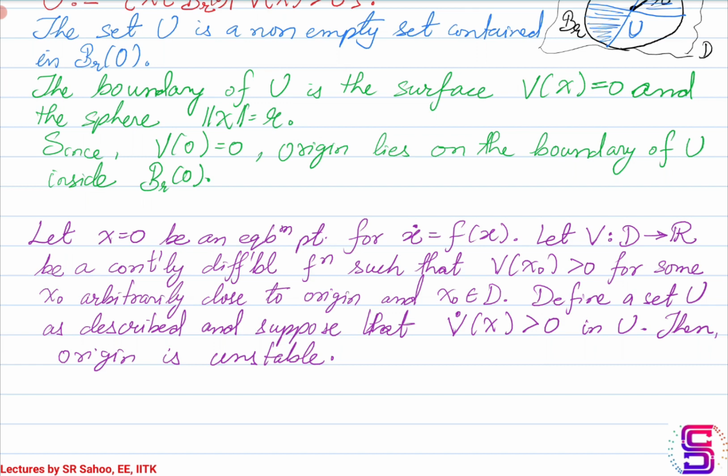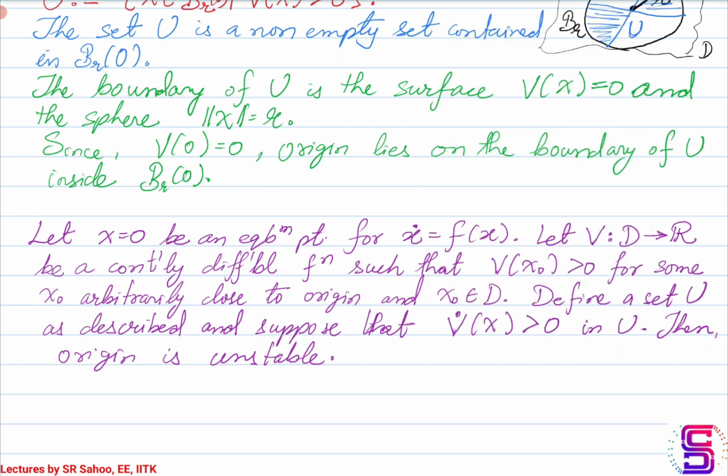This growing V indicates that the evolution of x is such that it is moving away from the origin, which would indicate that the origin is unstable. For instability of an equilibrium point, it just suffices to show that there exists at least one initial condition arbitrarily close to the origin such that your trajectories will have a tendency to move away from the origin. And this is exactly what the theorem is stating.